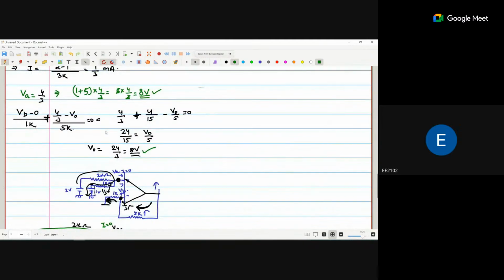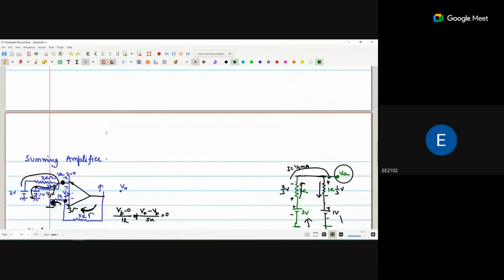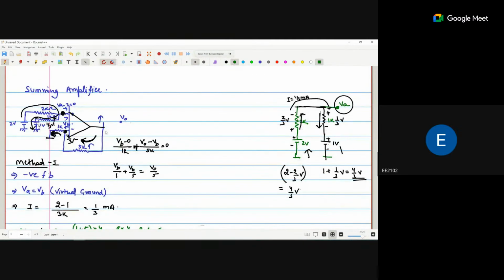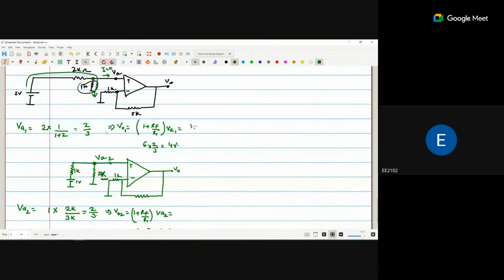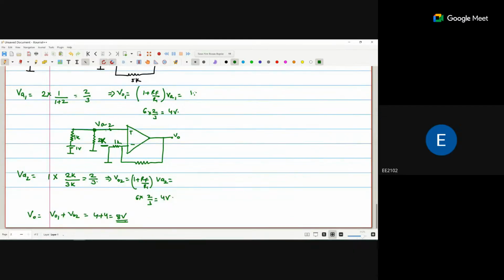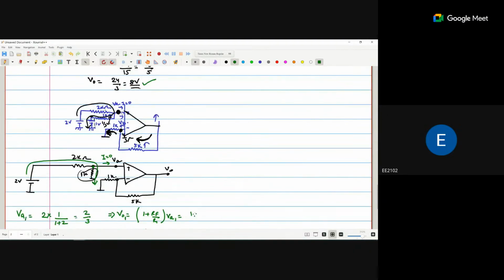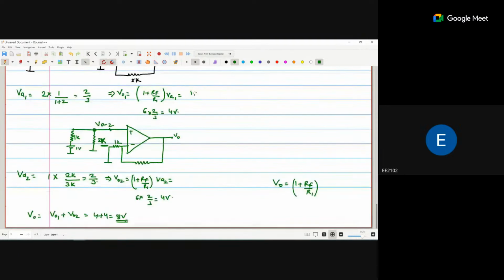So now if I write it in expression form, V naught is 1 plus RF by R1. We have to add these two voltages.